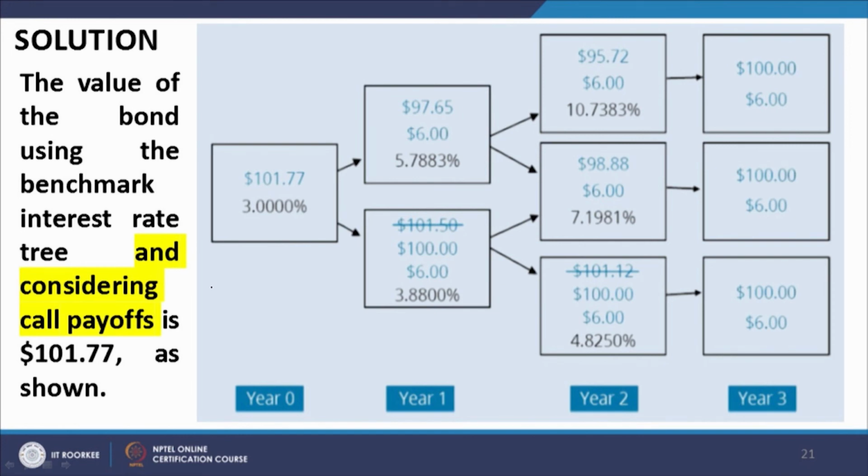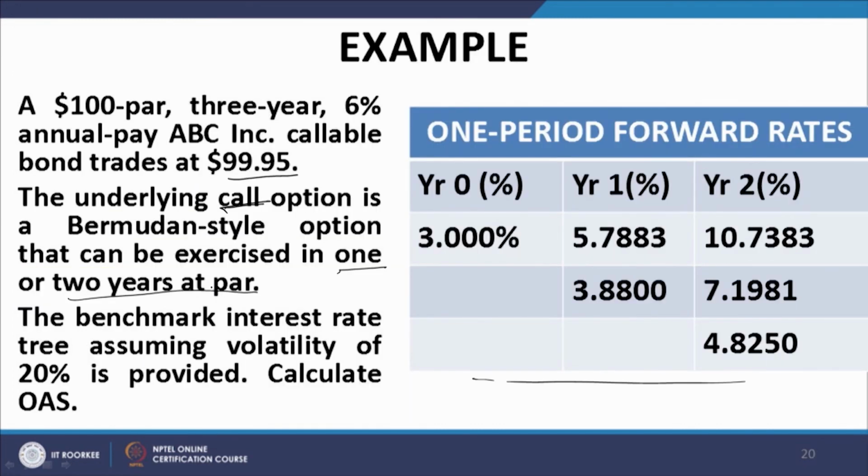As you can see here, wherever the computed value of the instrument at any node happens to be higher than the exercise price, which is par, the par value replaces the computed value. So, this is for the risk free rate, this is for the rates as present here in this right hand panel.